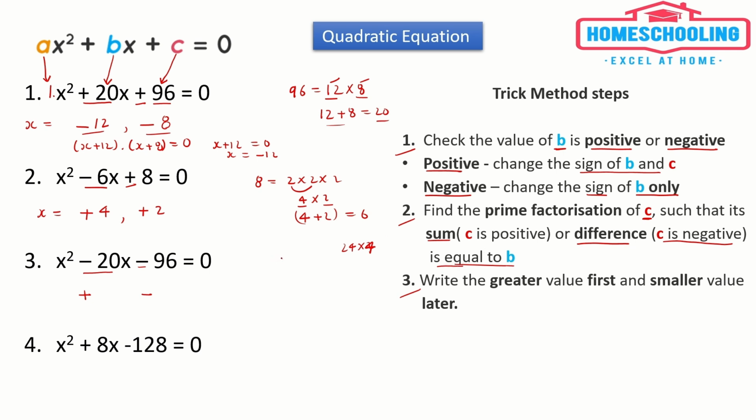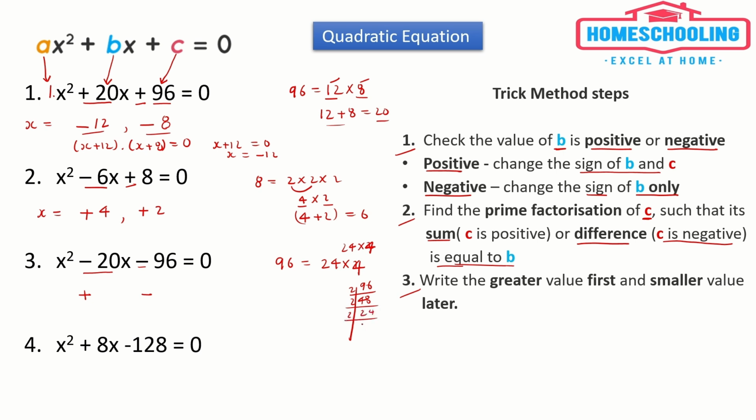So 96 can also be written as 24 times 4. You can also find the factors of 96 using the prime factorization method. 96 divided by 2 is 48. Then if we divide it again by 2, that is 24.